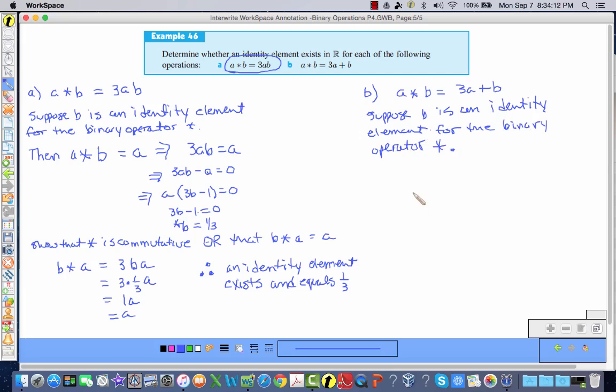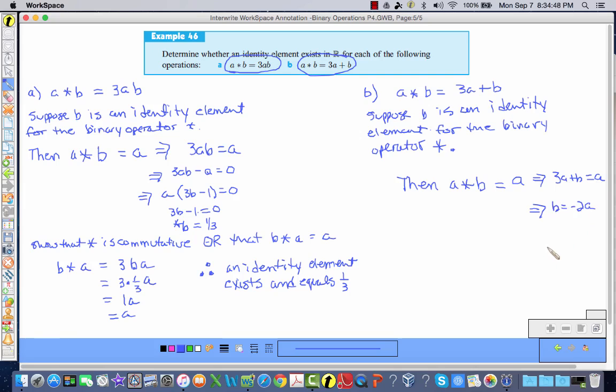Well, if that's true, then A star B has got to equal A. And that would imply that 3A plus B equals A, because right here, A star B equals 3A plus B. So I'm just replacing A star B with 3A plus B. You follow? Well, that implies, if I subtract 3A from both sides, that B equals negative 2A.